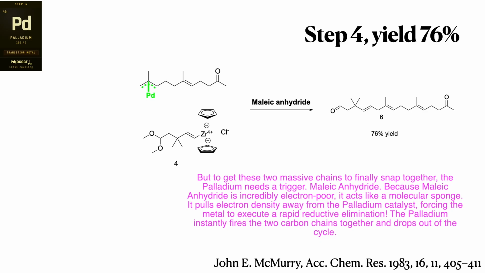Because maleic anhydride is incredibly electron poor, it acts like a molecular sponge. It pulls electron density away from the palladium catalyst, forcing the metal to execute a rapid reductive elimination. The palladium instantly fuses the 2 carbon chains together and drops out of the cycle.